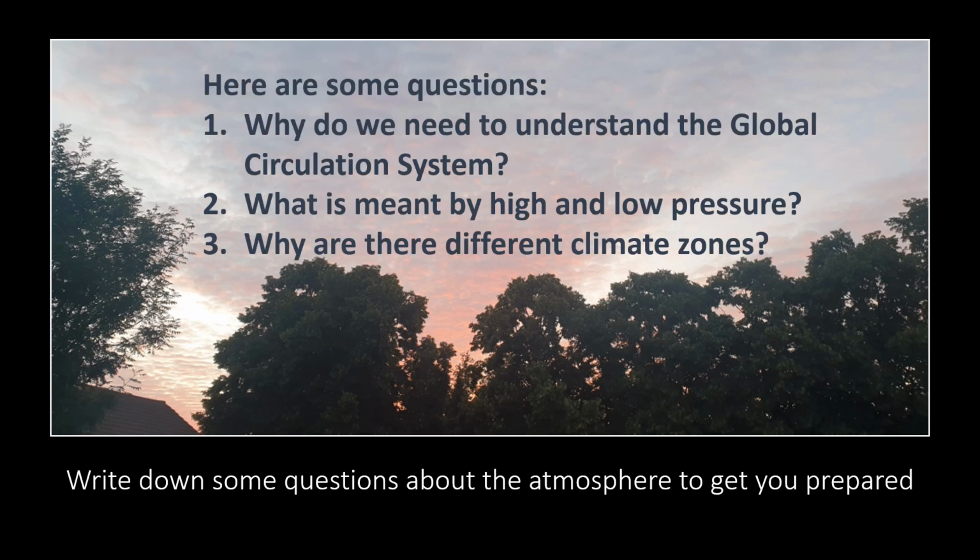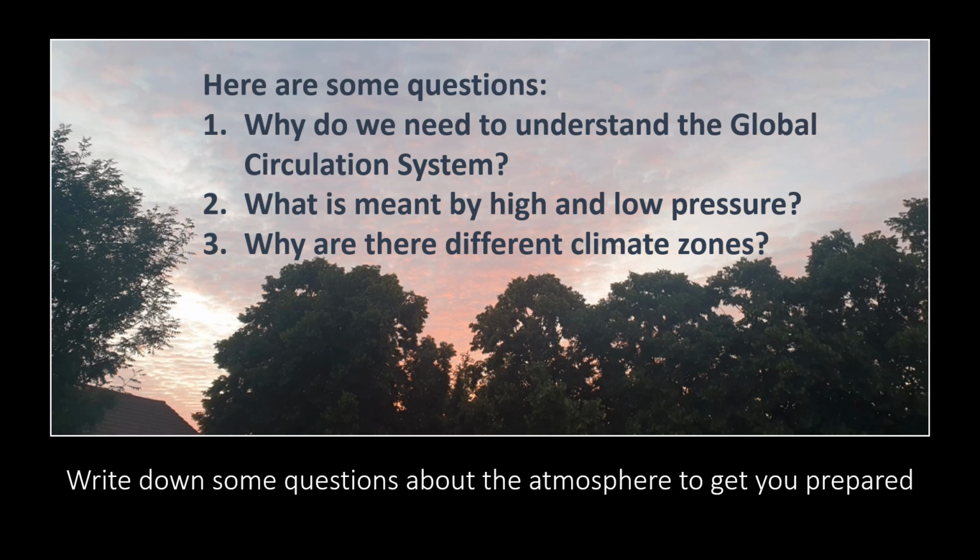Now, here are some questions that I came up with. They're to do with your GCSE basically. So you need to think about, why do we need to understand the global circulation system? What is meant by high and low pressure? And why are there different climate zones? These might be some of the questions that you've asked, or you might have asked other questions like, why is the sky looking so red?